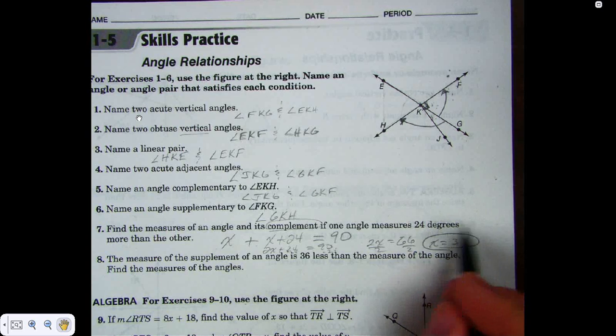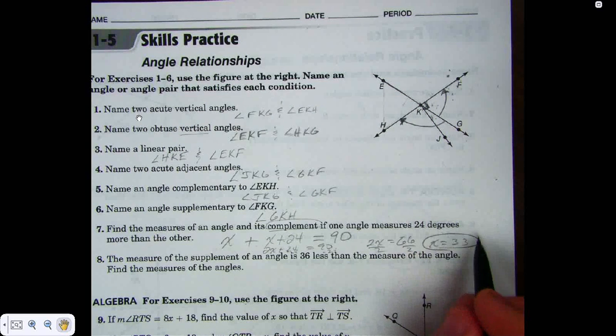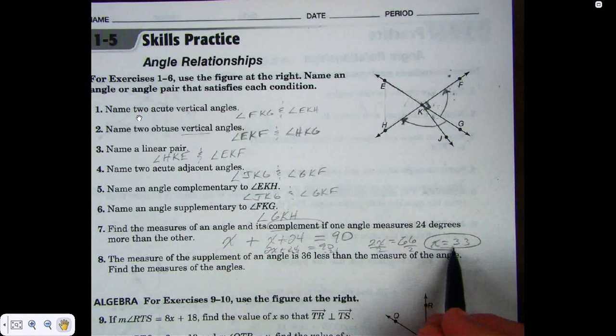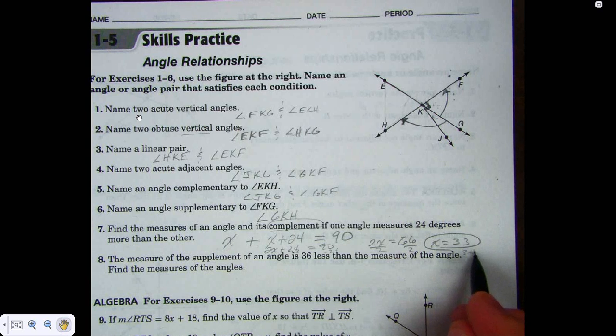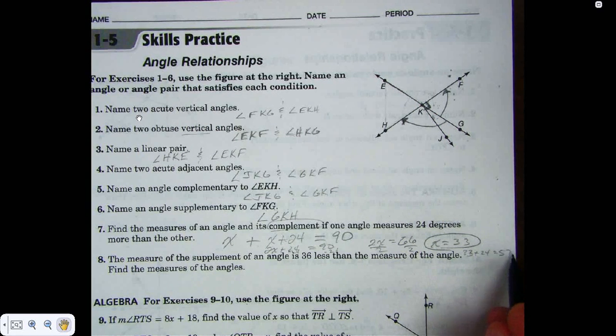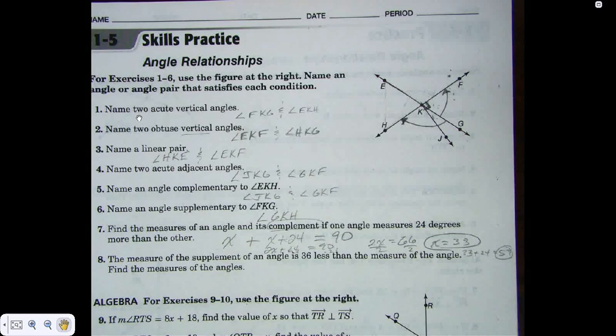So if it's 33, what's the other angle? Its complement is 24 more than that one. So 33 plus 24 would equal what? And don't those two add to 90?